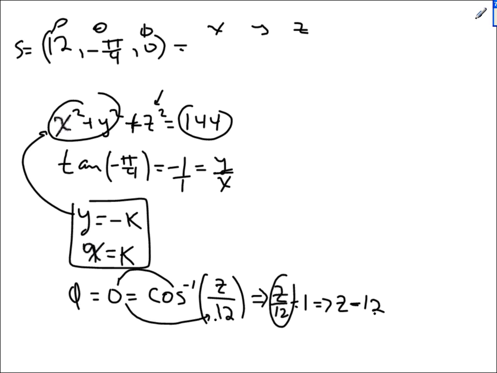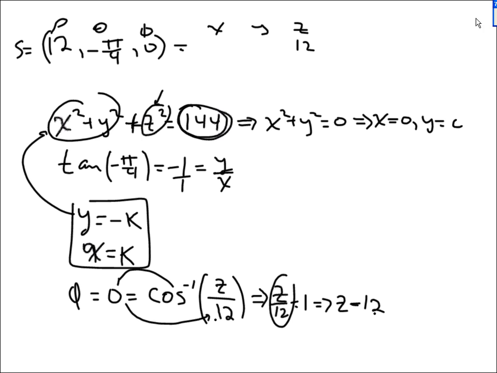So now we have z. But you know what? 12 squared is already 144. This means that x squared plus y squared must be 0. But that implies x is 0 and y is 0.